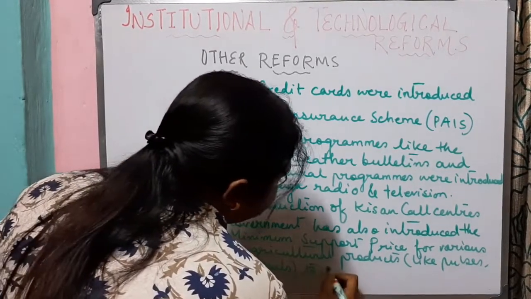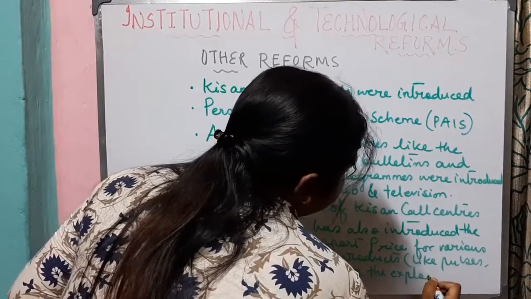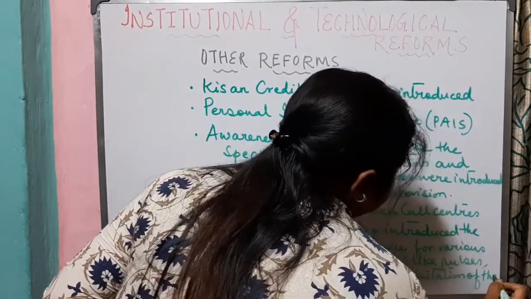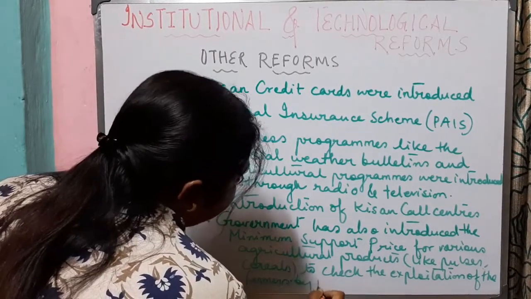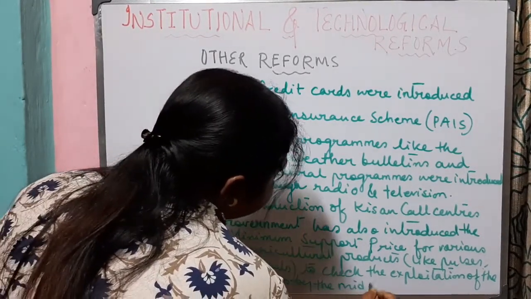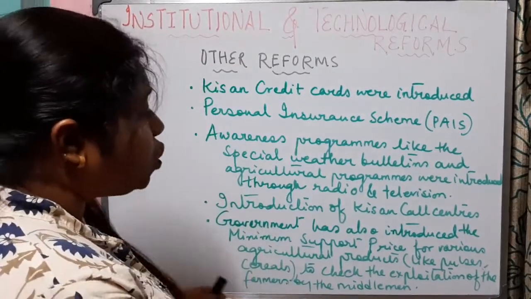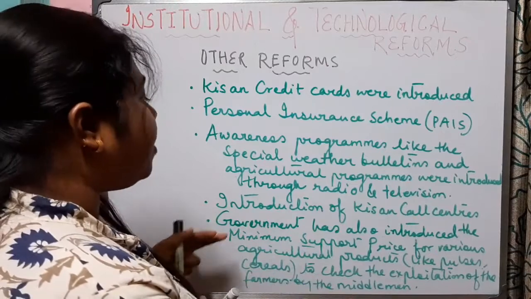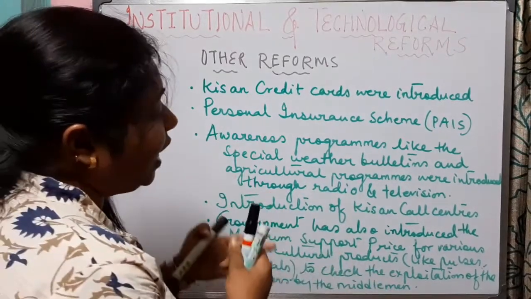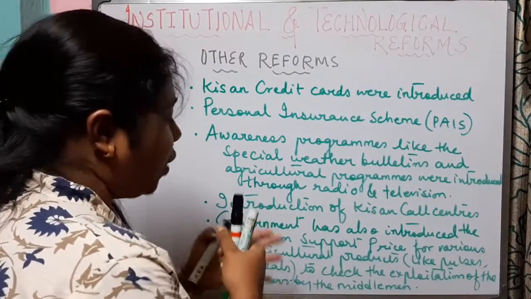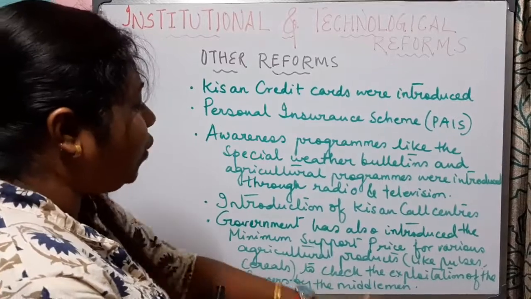Why? To check the exploitation of the farmers by the middlemen. So the government has also introduced or announced the minimum support price for various agricultural products, which would increase the agricultural production and also to check the exploitation of farmers by the middlemen.